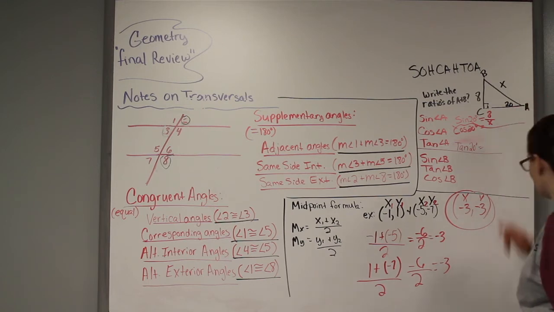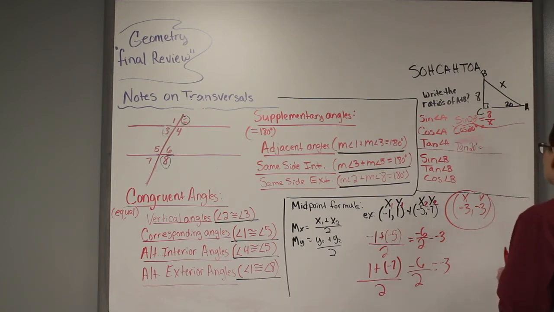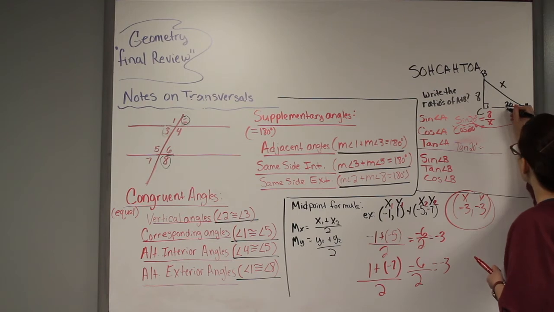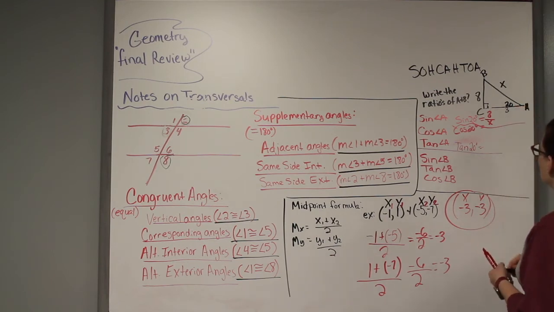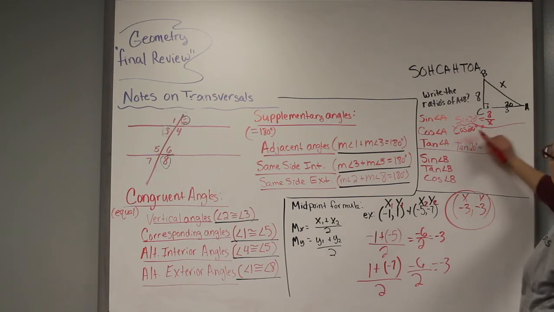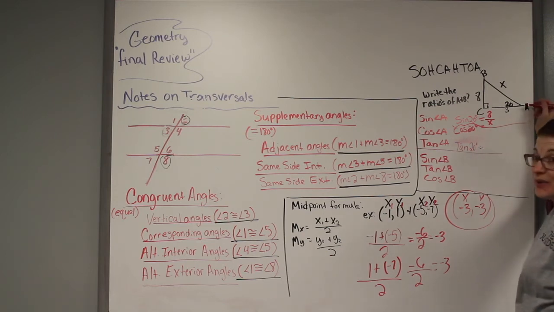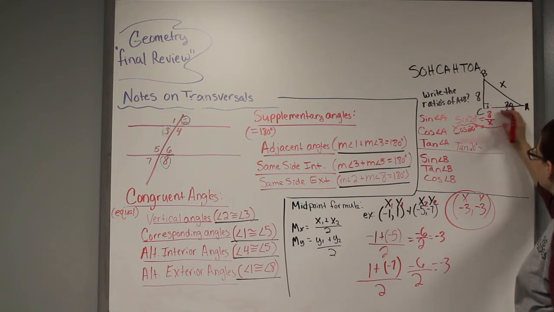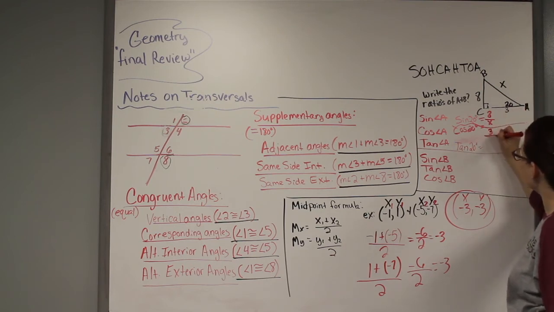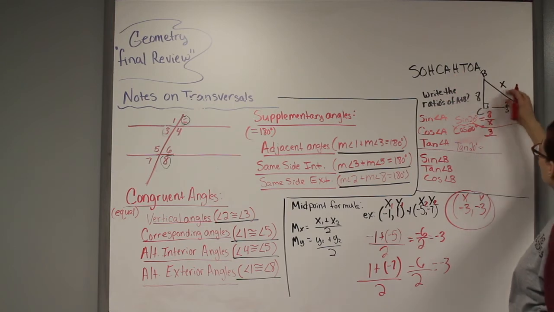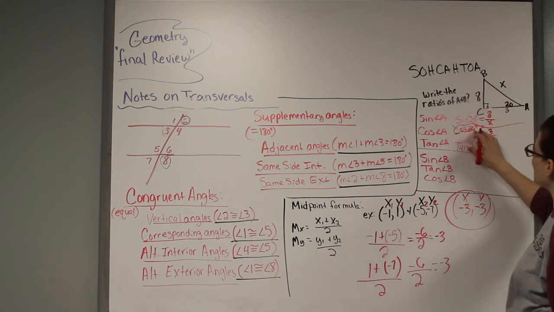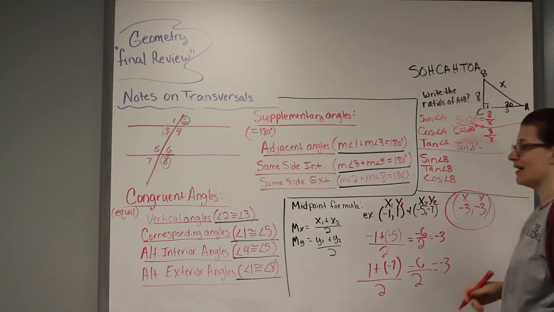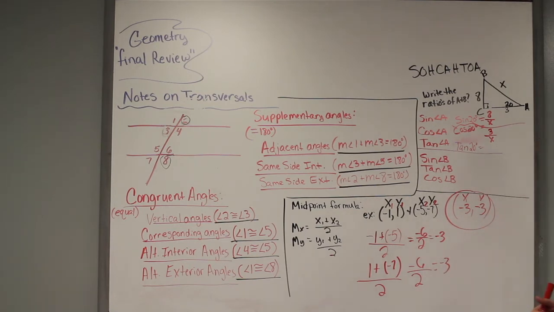Let me write one just for this purpose, okay? Because I don't want another X in there. Say it's 3. All right. So cosine is adjacent, which means beside, and it can't be the hypotenuse, so beside A would be this 3 side. So 3 goes on top, and then hypotenuse is next, which is X. So cosine of 20 degrees equals 3 over X. That's just how you set the ratio up.